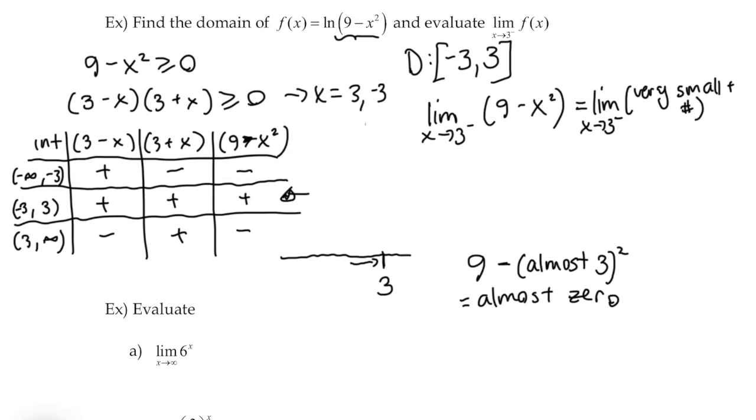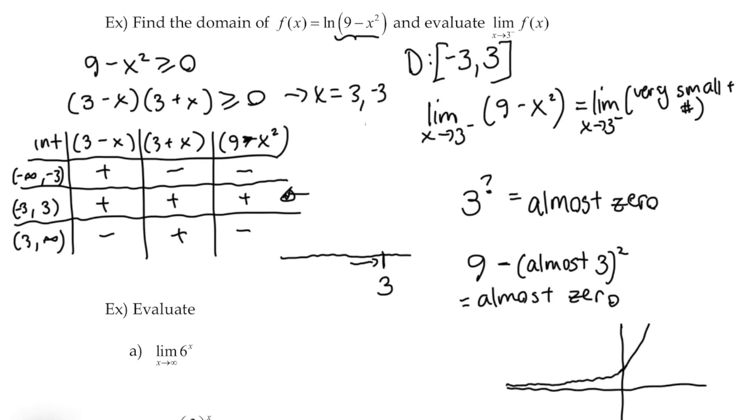Now you have to think to yourself, if I were to convert this back into exponential form, 3 raised to what exponent equals almost 0? And you have to think in terms of the exponential function. Think about 3 to the x. If I want to know what's x when y is almost 0, well, that's along the horizontal asymptote.